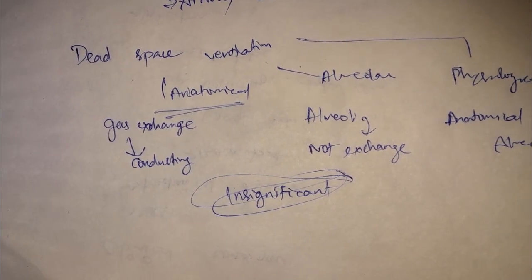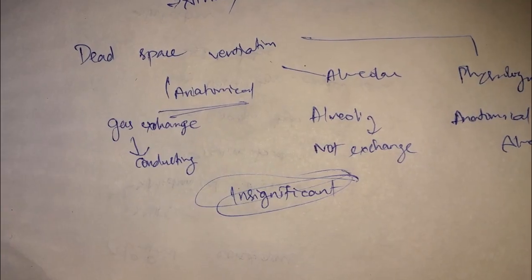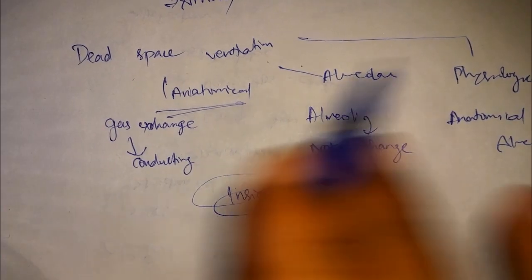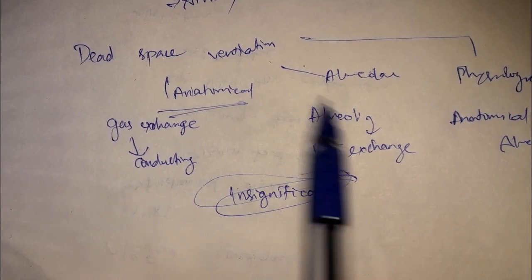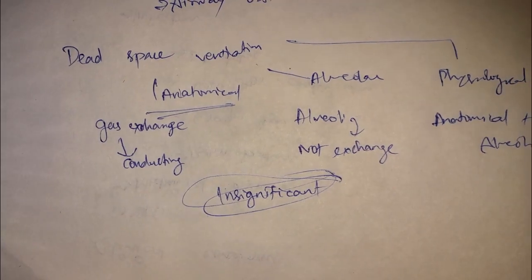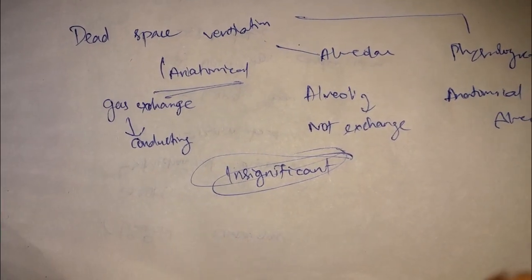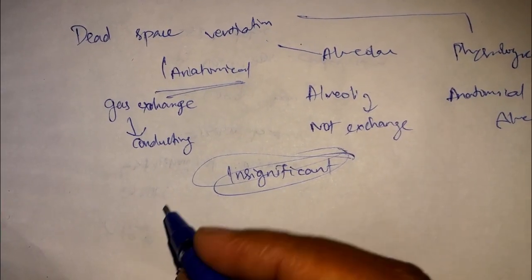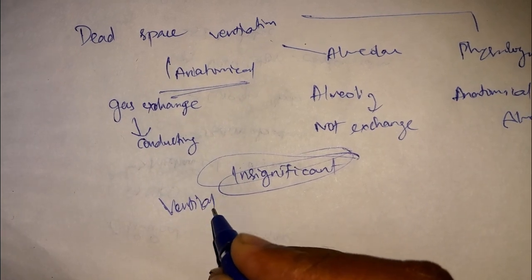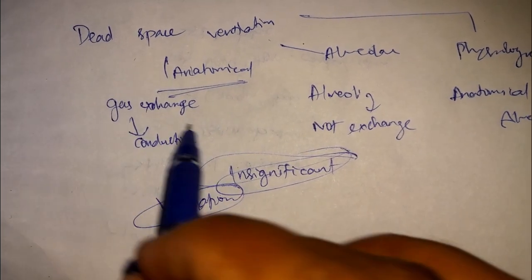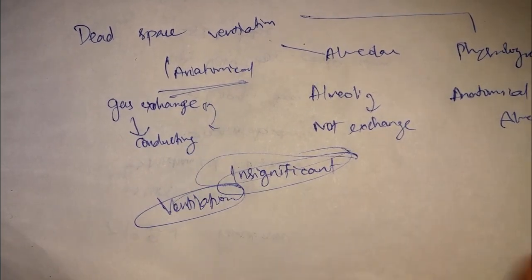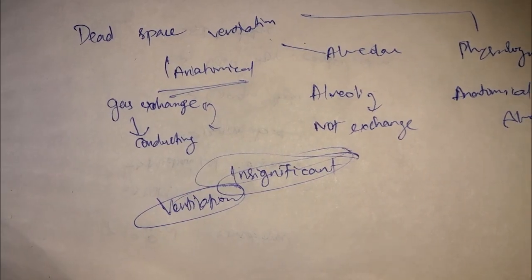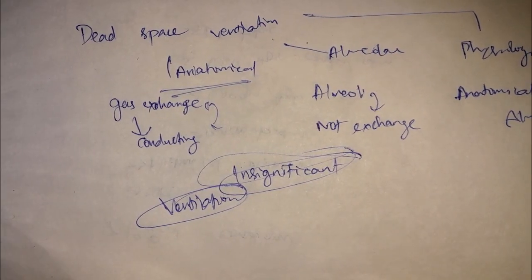But if the person has lung disease, then we can easily note the physiological dead space. We can notice some part which does not take part in gas exchange, during ventilation. We can identify whether every part inside the lung is doing gas exchange or not. For that we have the formulas.